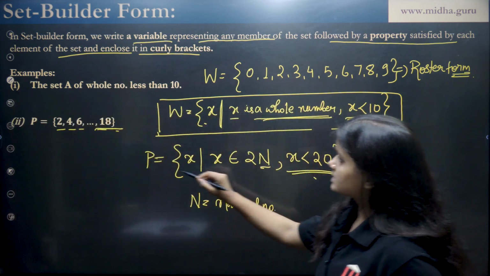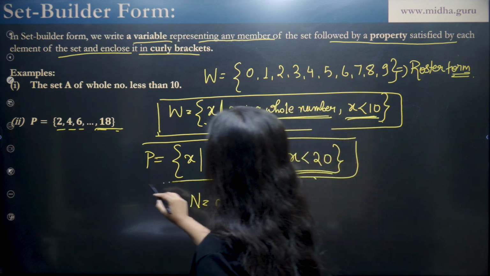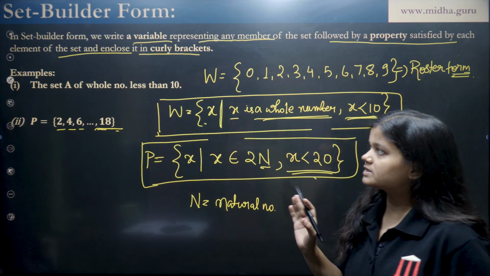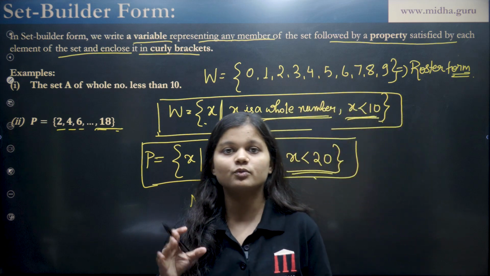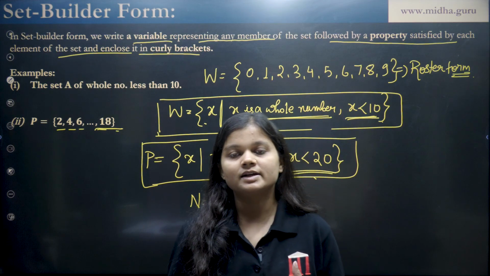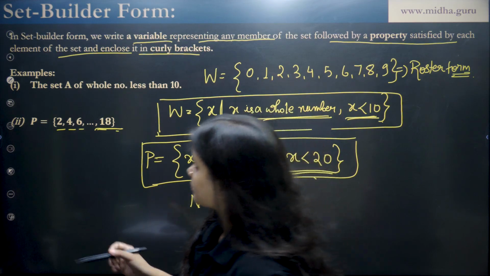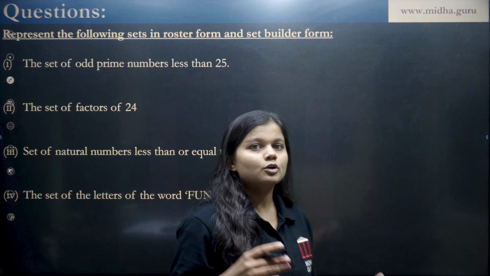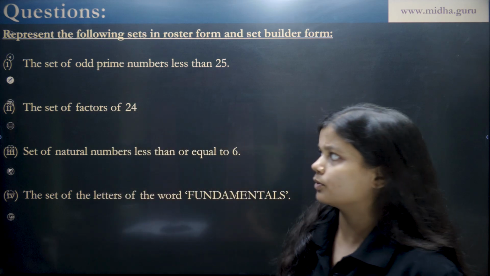So this is how we can write any set in set builder form. Okay, I hope this is clear. I hope you understood how we write any set in roster form and how we write any set in set builder form. Now let's do some questions to clear this concept more.